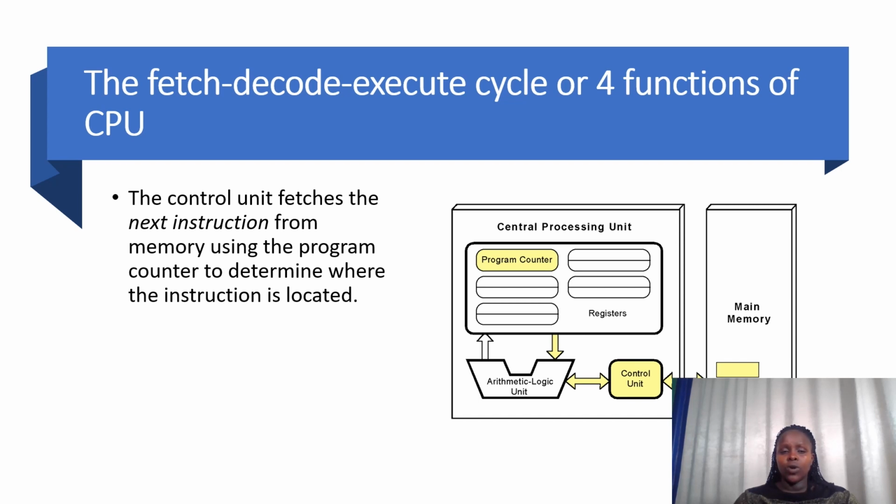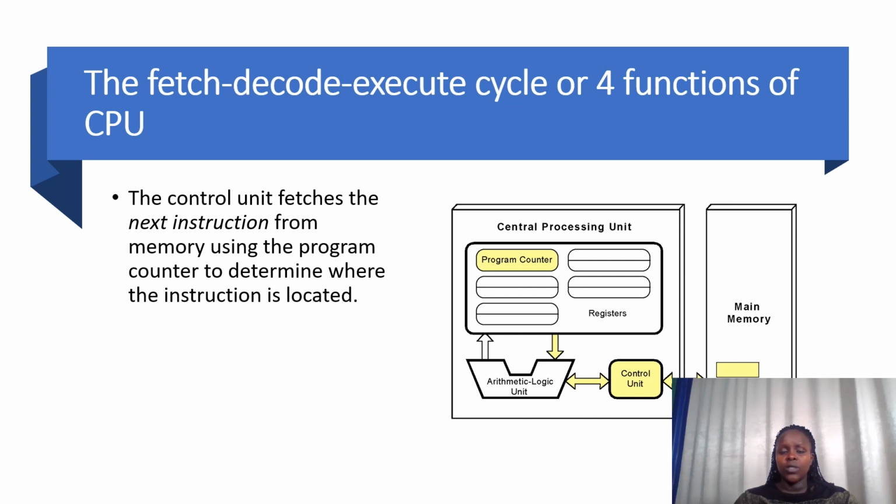The control unit fetches the next instruction from memory using the program counter to determine where the instruction is located. As you see, the diagram shows the central processing unit with its parts, the program counter and the control unit.